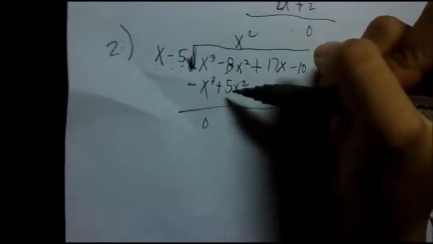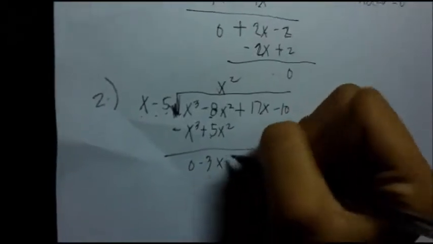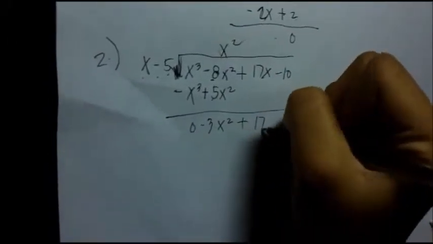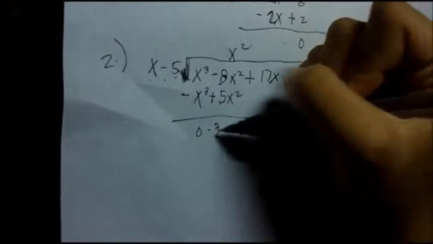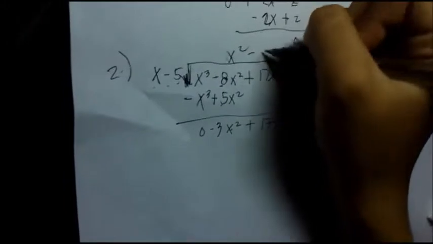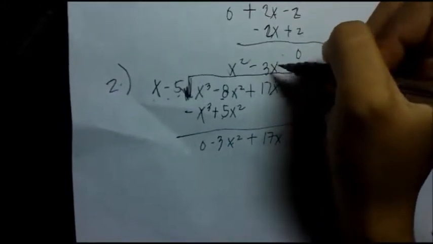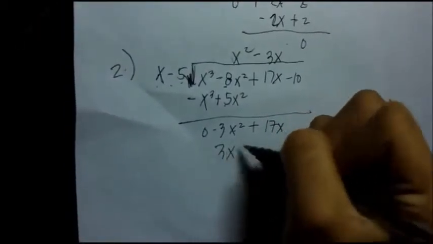Then, negative 8 plus 5x squared is negative 3x squared. Bring down 17x. So, negative 3x squared divided by x is negative 3x. Then, negative 3x times x is 3x squared.